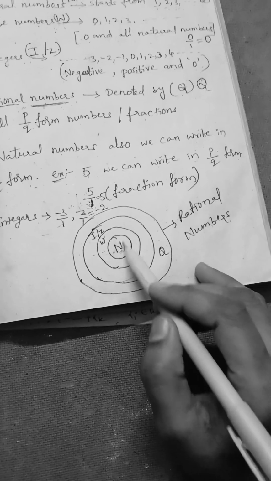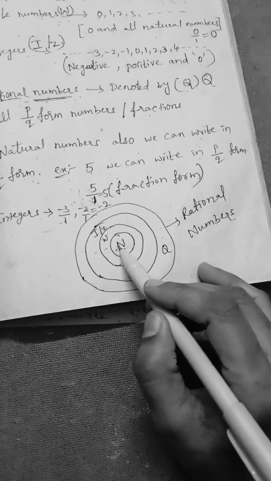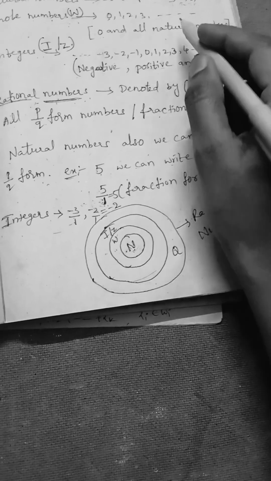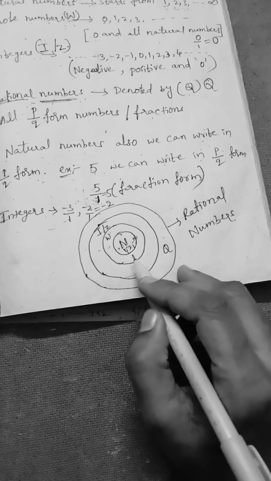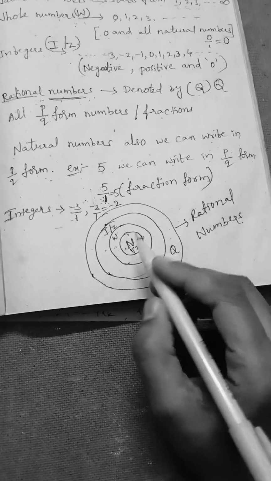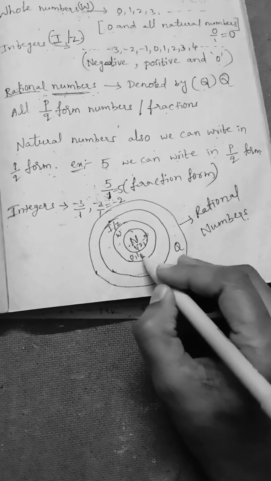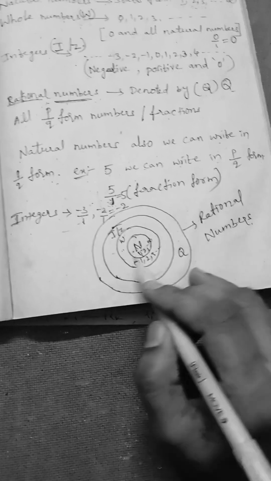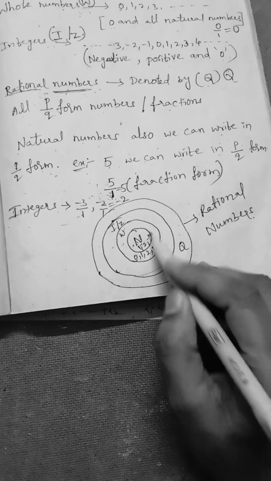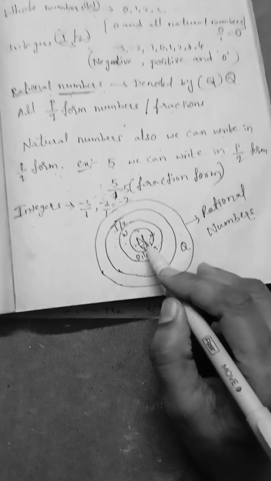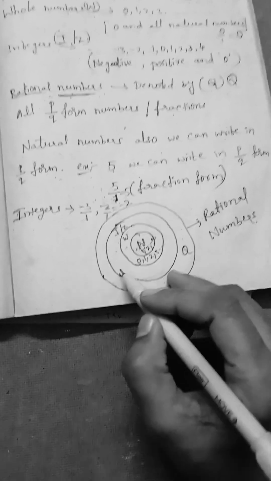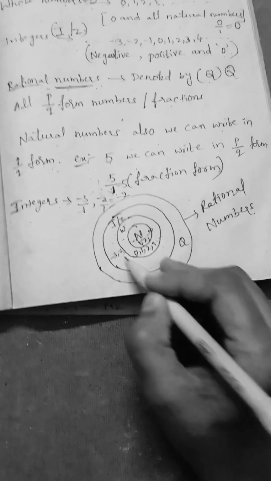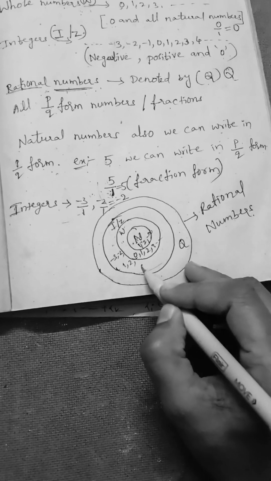After this diagram we can understand easily. First, natural numbers only start from 1 to infinite. And whole numbers, if we include 0, 1, 2, and so on up to infinite. In the whole numbers, natural numbers are there. And next, integers: negative values, positive values, 0.